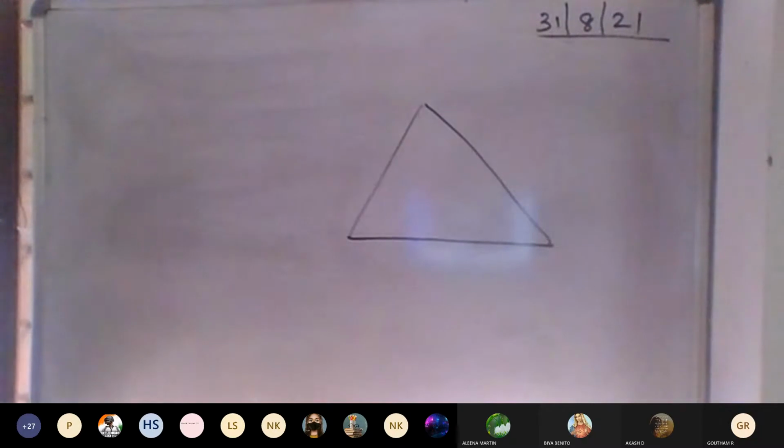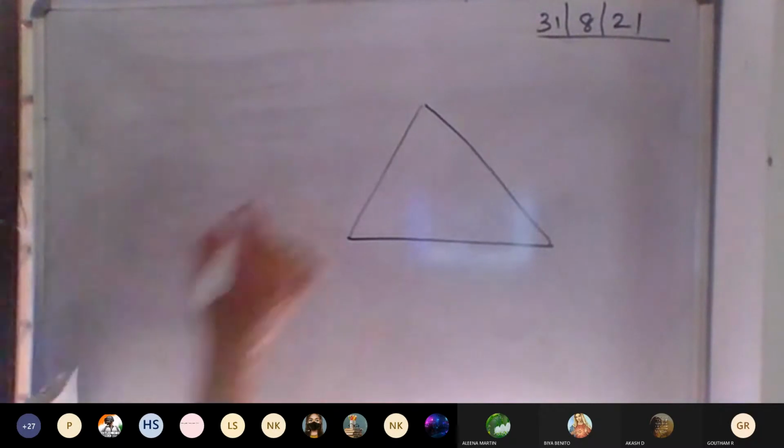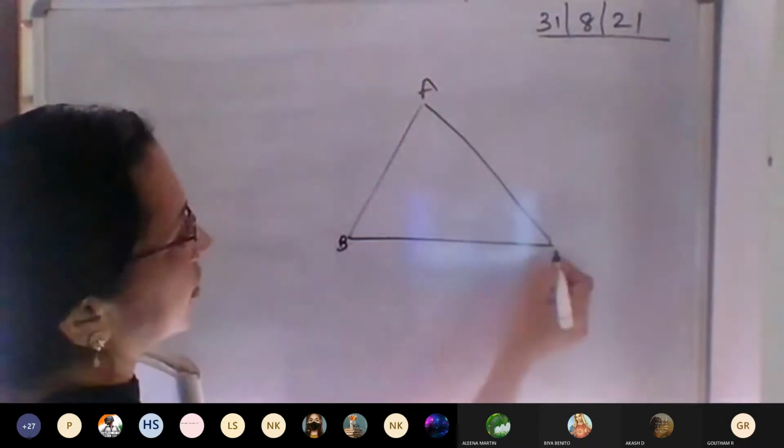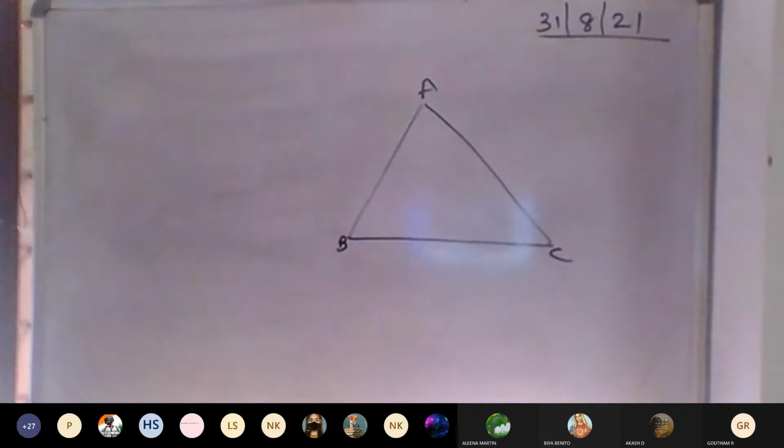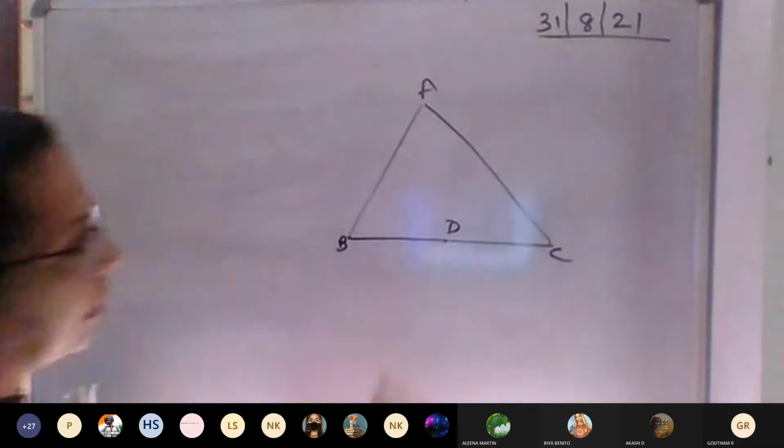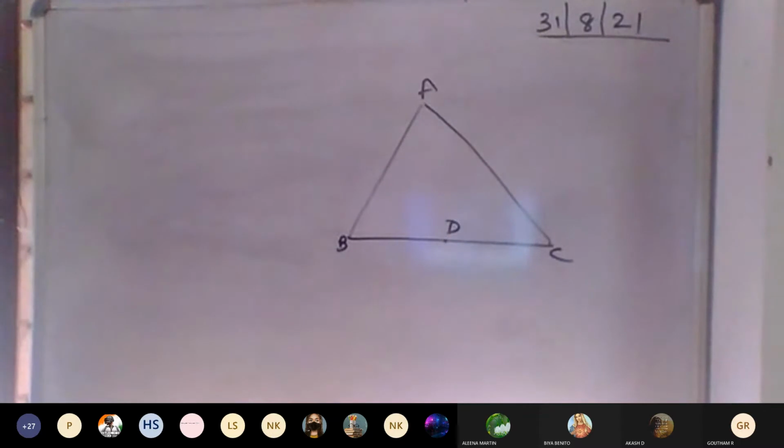Triangle ABC, D is the midpoint of BC. So this is the midpoint.